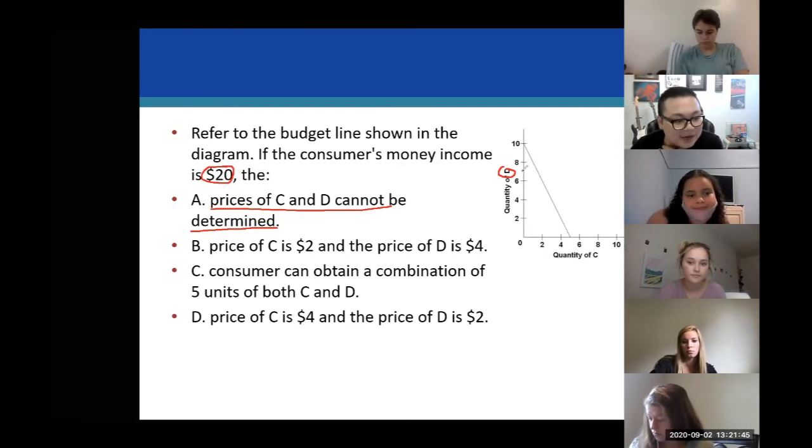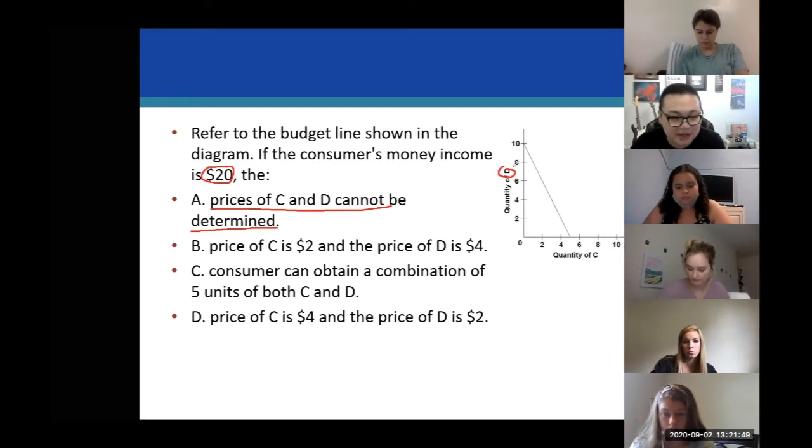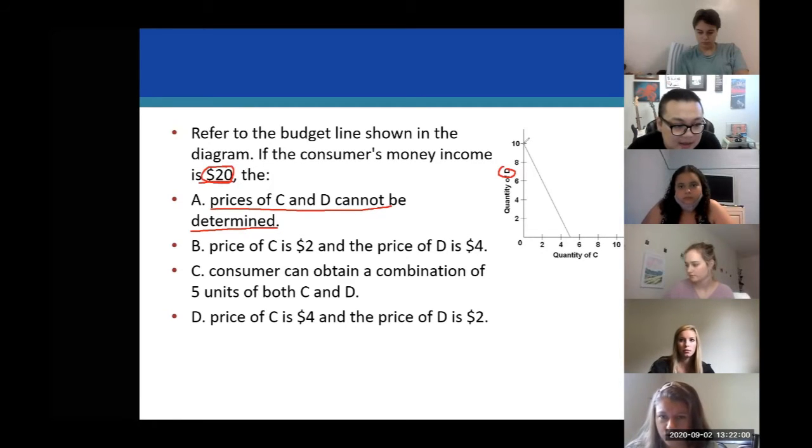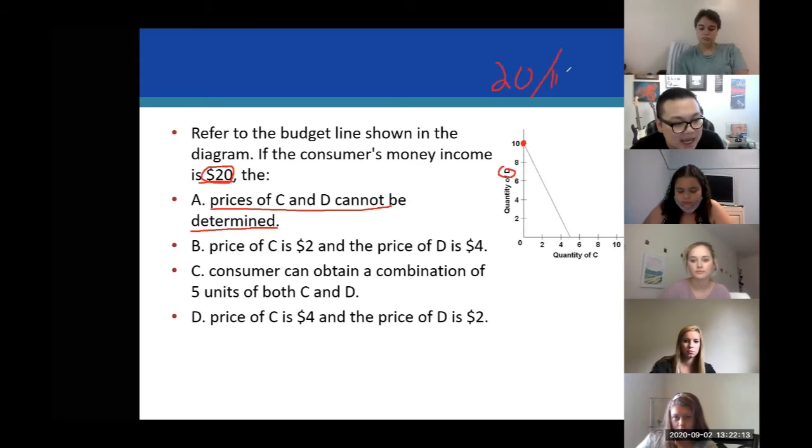Okay, so let me explain how we got the price of D is $2. We only have $20. If we use all of this money to buy product D, how many can we buy? It's right here at this point. So if we use all our money to buy product D, we can buy 10. So we use our $20 divided by 10, so our price will be equal to 2.